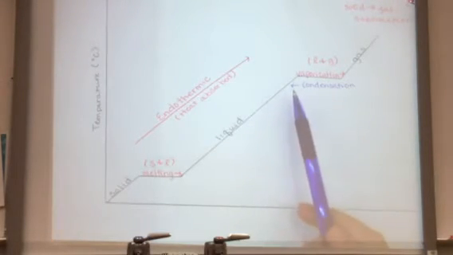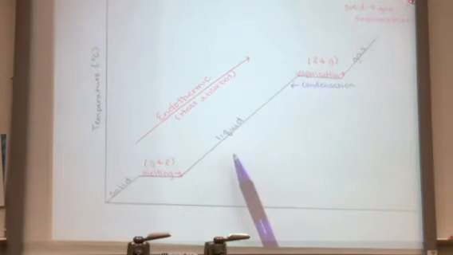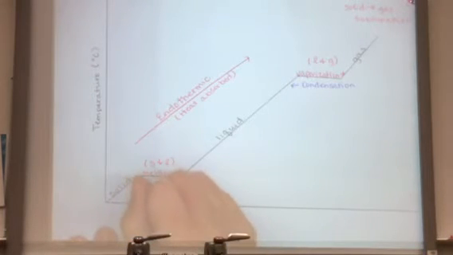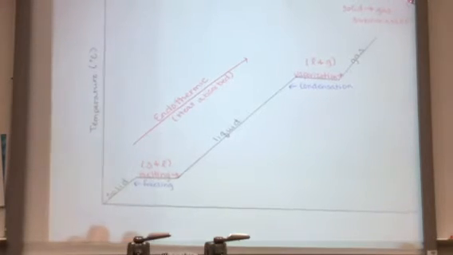Once all of your gas has condensed down, it becomes a liquid. You can continue cooling that temperature until it starts to do what? What would this phase change between liquid and solid be? This is freezing. Okay. Going from a liquid to a solid is called freezing.